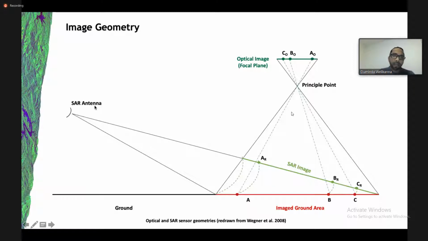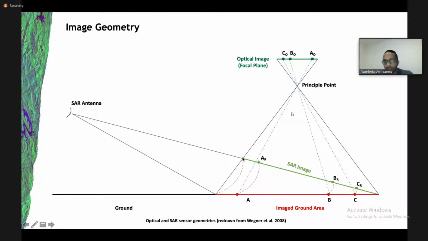But when it comes to microwave sensors like synthetic aperture radar sensors, they don't image in the same way. Their geometry is different. As you can see, the sensor is somewhere away. They don't see the nadir area, that means directly beneath the sensor, they cannot see. They see an oblique view, that means a sideways view.